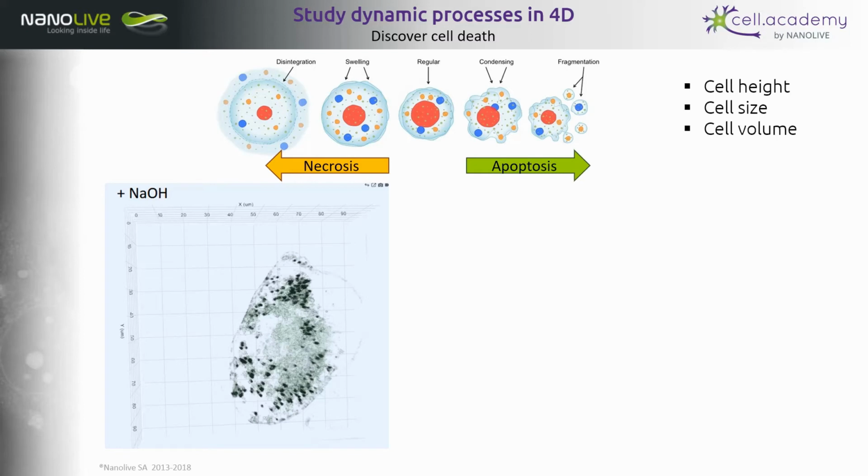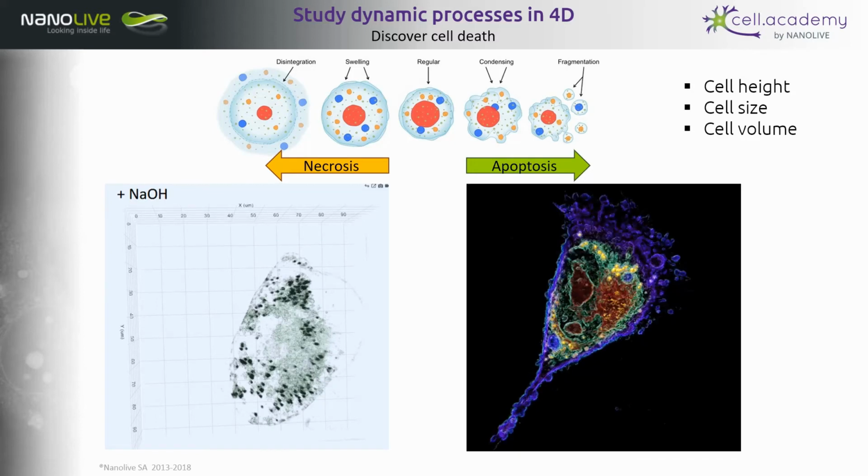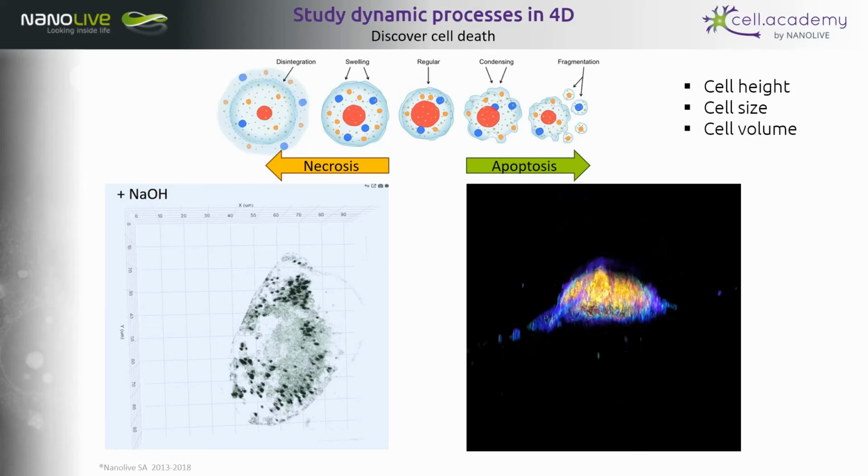For apoptosis, as you can see, we can measure cell height, cell size, and cell volume with this data. For apoptosis, we just leave a melanoma cell to die at room temperature overnight. And you can see that the cell dynamics really change.